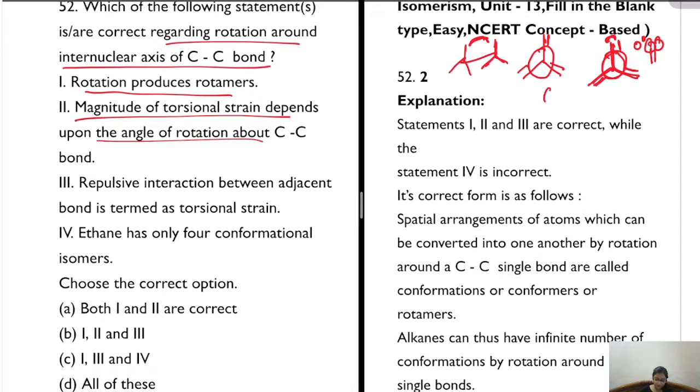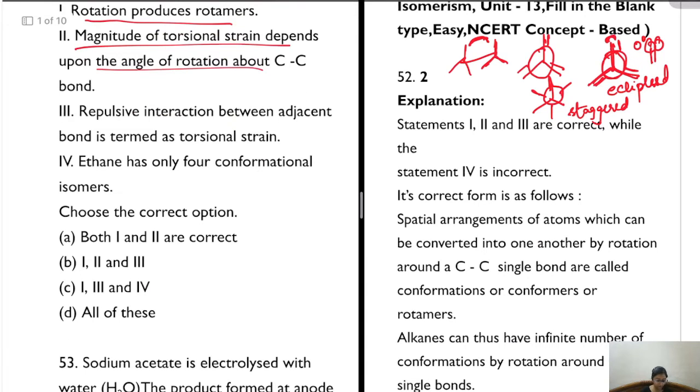If we change the rotation angle, like this, then the torsional strain is not there. It is very stable. This is eclipsed and this is staggered. Staggered is stable, there is no repulsive interaction. The third statement, repulsive interaction between adjacent bonds is termed torsional strain, is true. We already saw this.